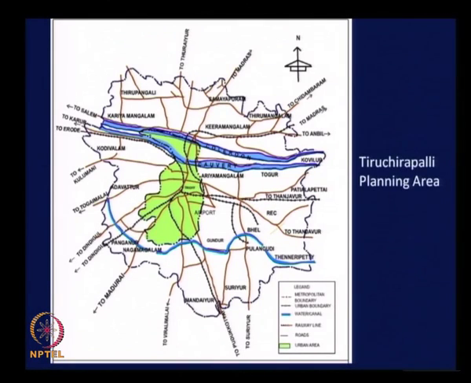Let us look at how the external cordon line and internal cordon line were fixed for the city about which you are familiar now, Tiruchirappalli city. Can you identify the external cordon line for this city?